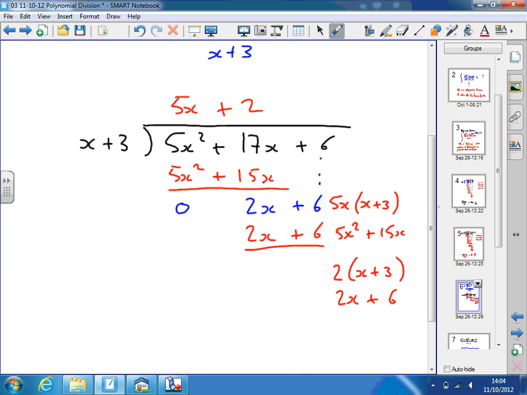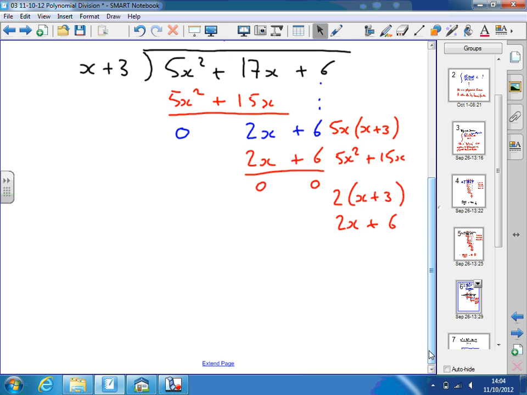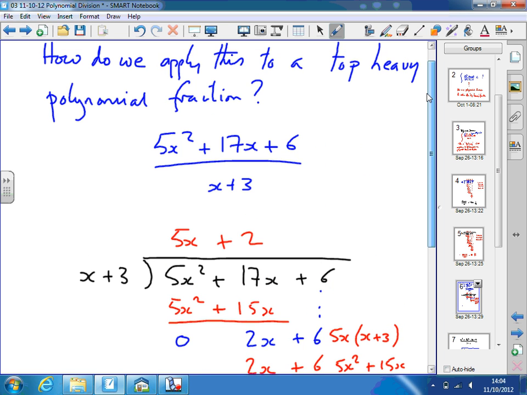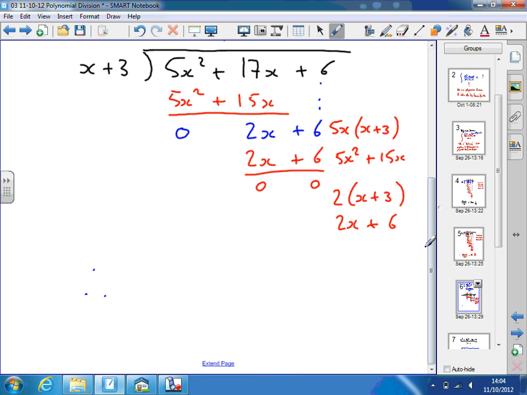And we find that, in fact, for this example, there's no remainder, it goes exactly. So in other words, this whole thing, 5x squared plus 17x plus 6, over x plus 3 is in fact the answer, which is 5x plus 2.